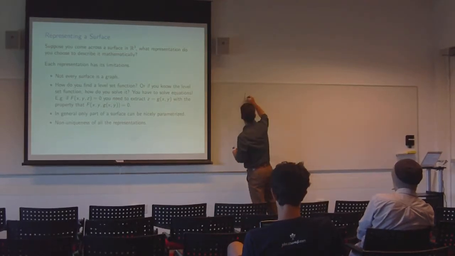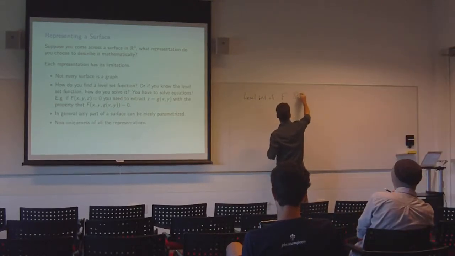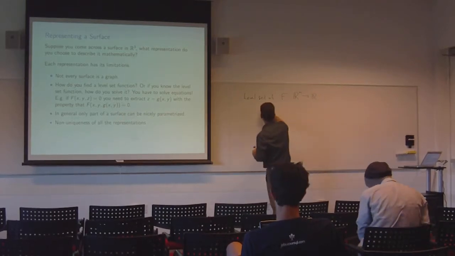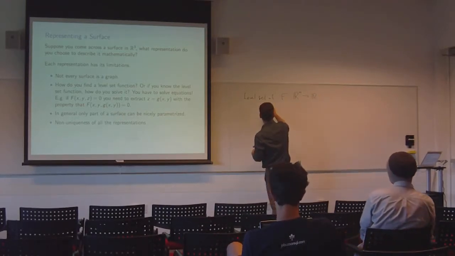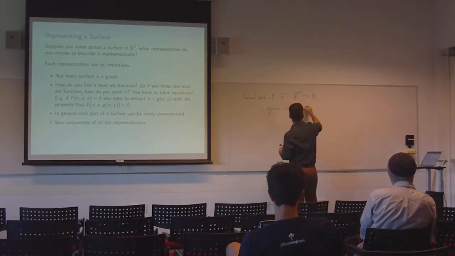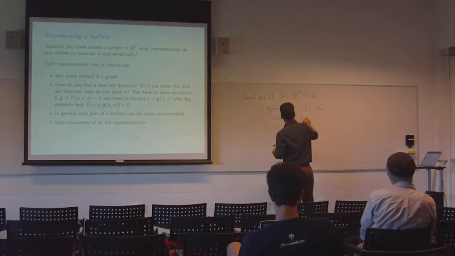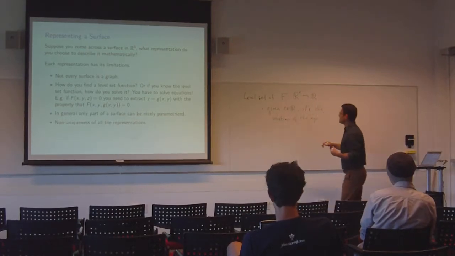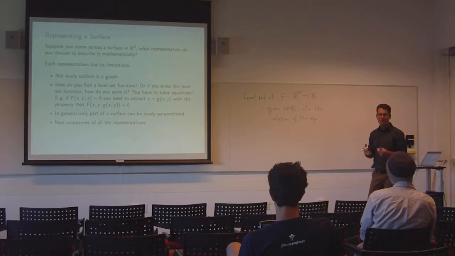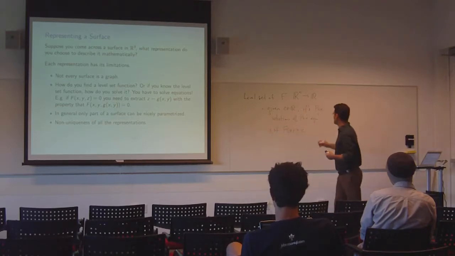Say f is a function from R^n into R. A level set is a set of solutions of an equation: the set of x such that f of x is equal to some constant C, right? C is some constant.